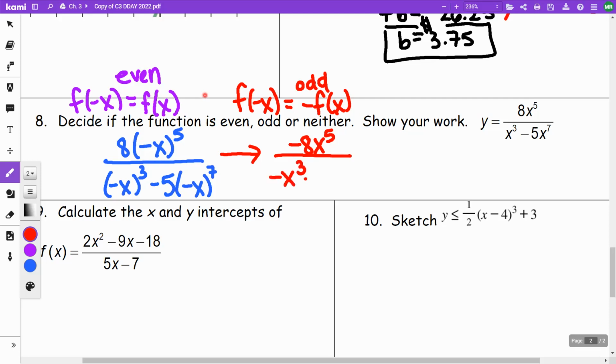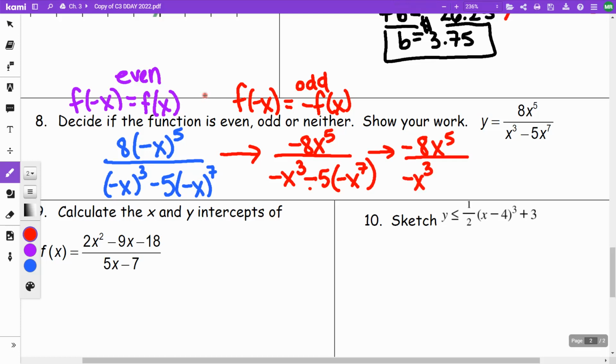Now here, this is going to be a negative 5 times, and again, when I have this negative raised to an odd, it is going to be negative. So that's going to be a negative x to the 7th. So I'm going to have a negative 8x to the 5th over a negative x to the 3rd.